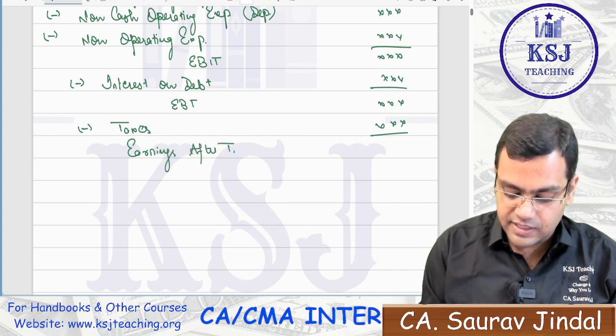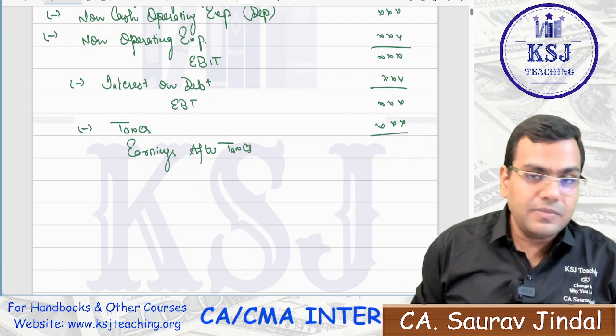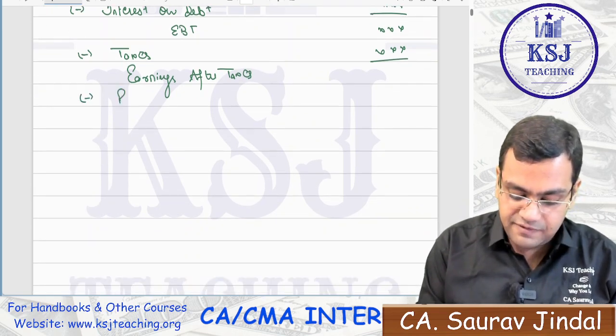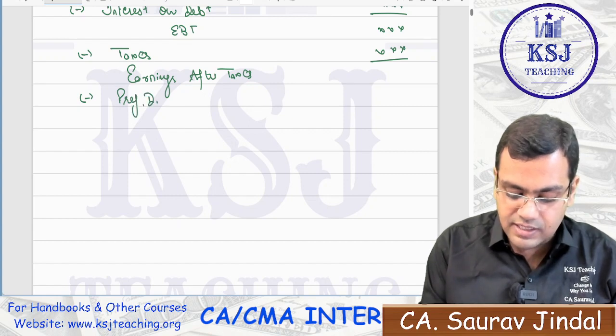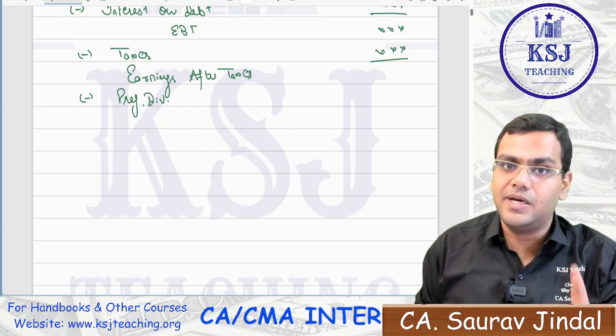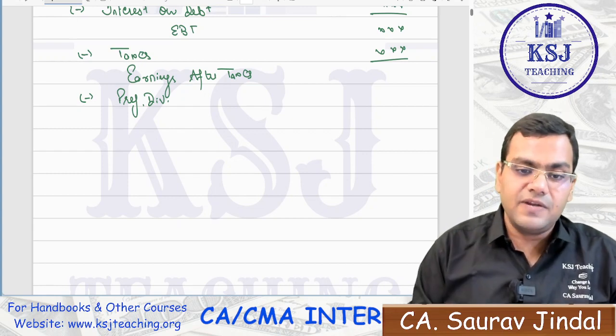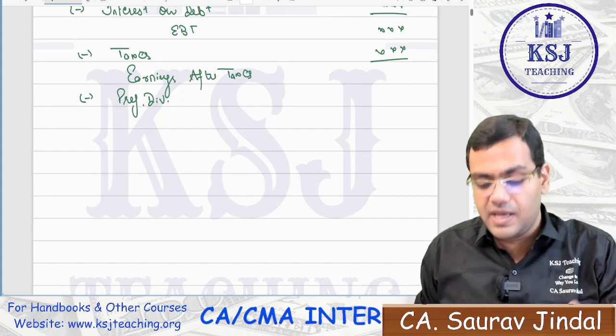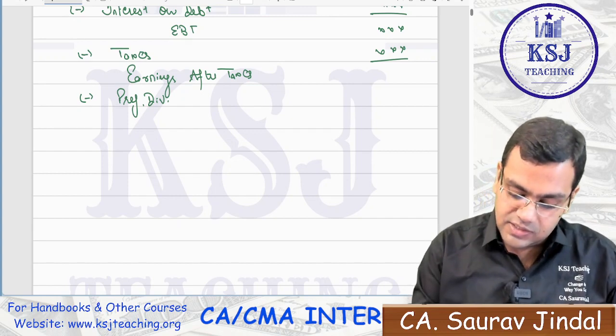From earnings after taxes, you are going to pay the preference dividend. One thing is clear: the interest on debt is a tax deductible expenditure, whereas preference dividend is not a tax deductible expenditure. Preference dividend you have to pay after paying off the taxes.